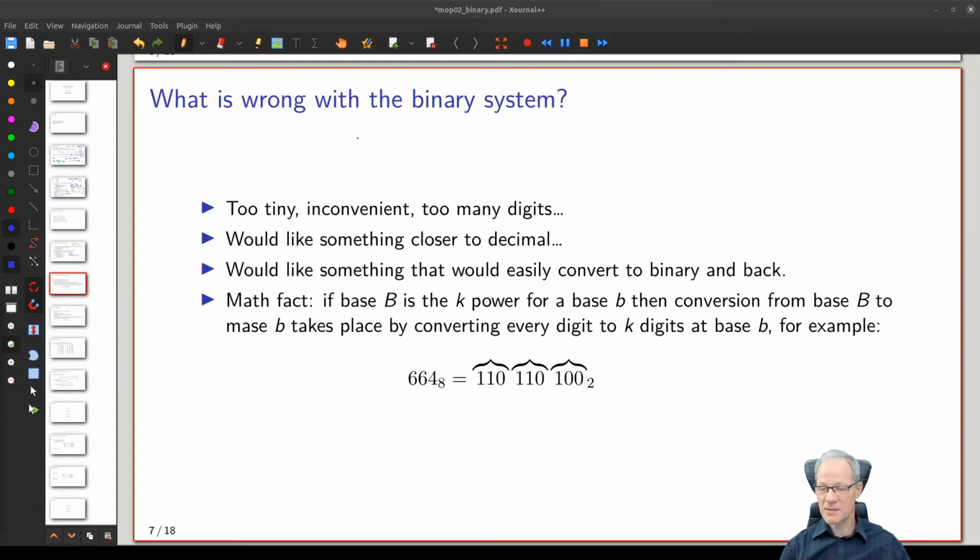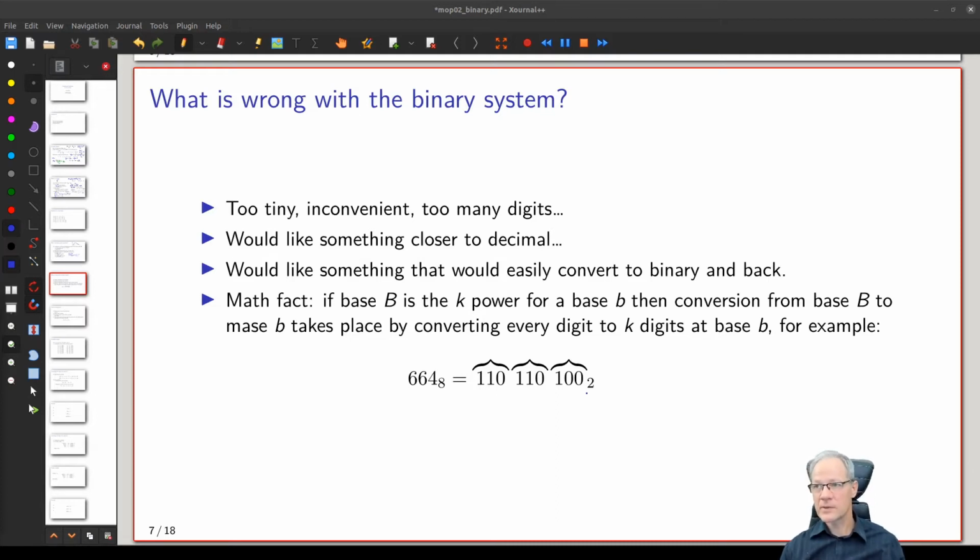We can build simple systems, and based on those, we can build complicated systems, and in the end, computers and computer networks and all kinds of good things. Now, for humans, there are a lot of digits, so it's too tiny. It's not so convenient. If we look at this number, 110 110 100, it doesn't really jump at us what the value of it is. It's not so obvious.